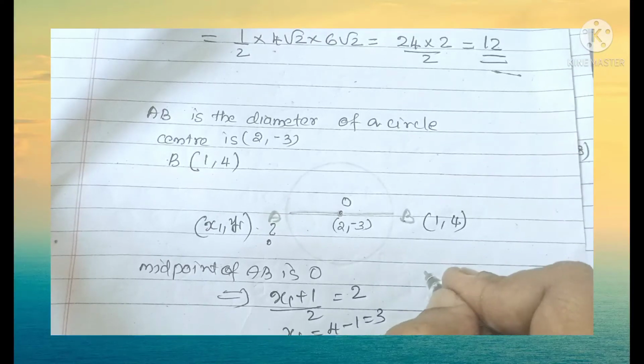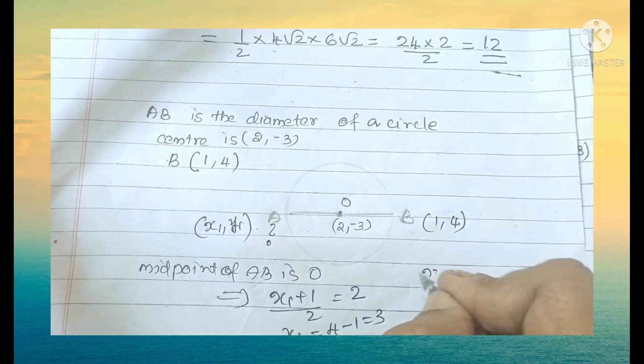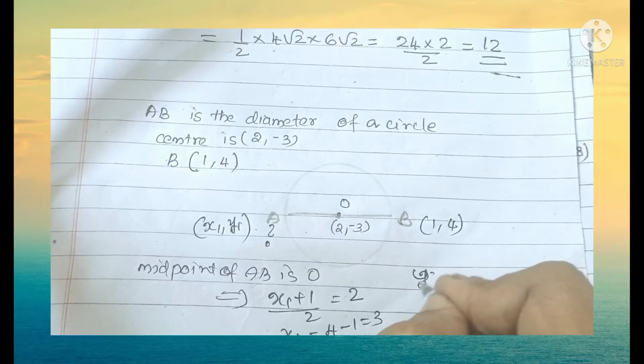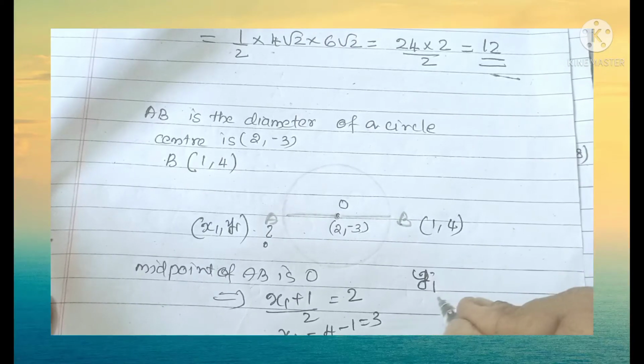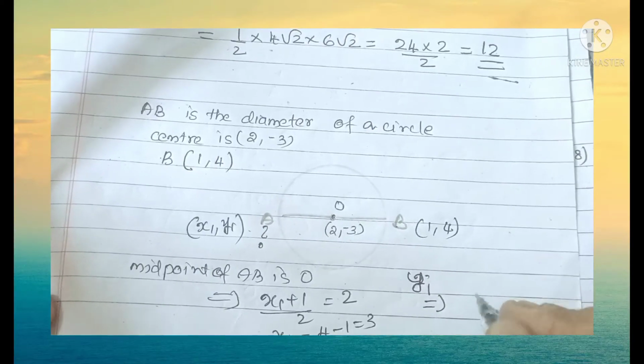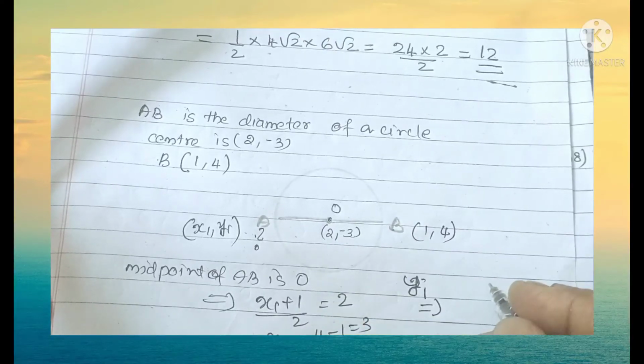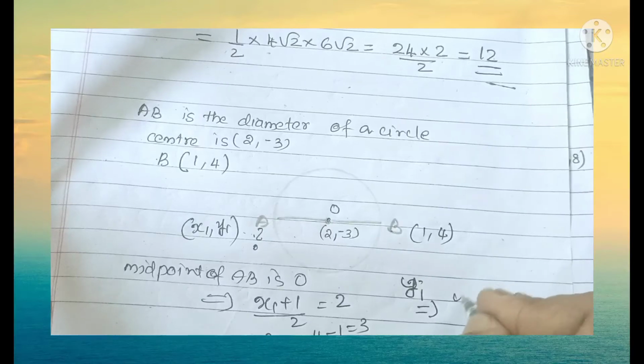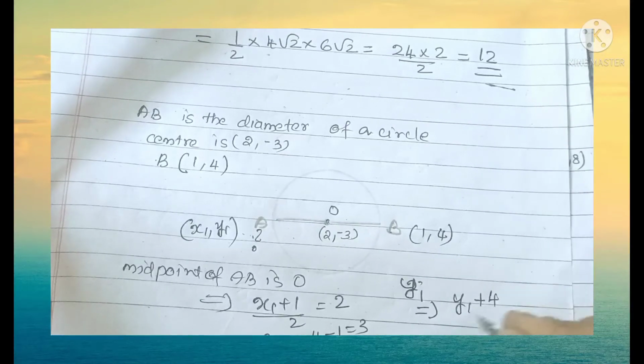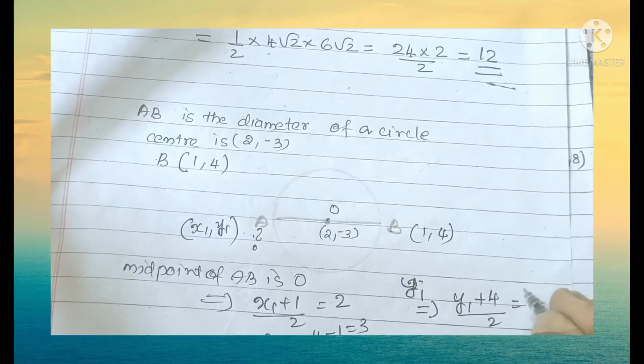Then y1 is the y coordinate of A. Then (y1 plus 4) by 2 equal to negative 3.